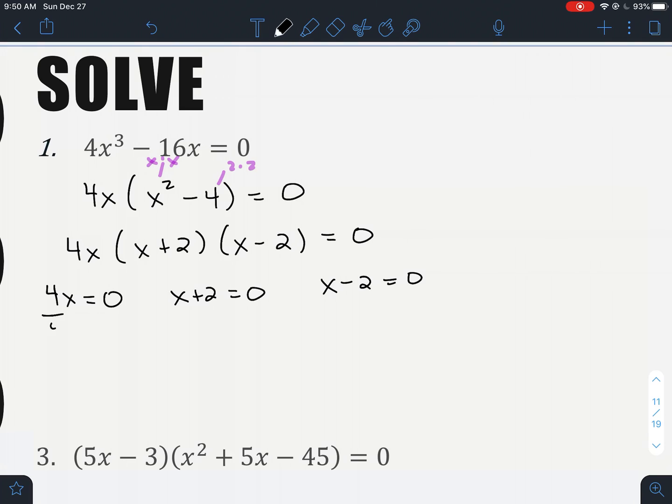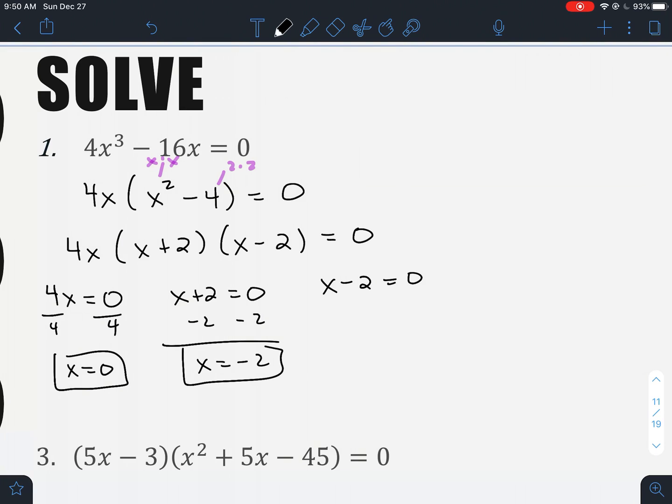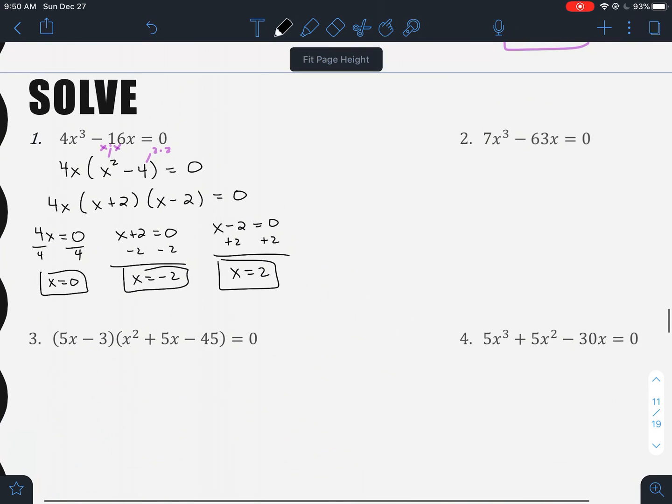So either 4x = 0, x + 2 = 0, or x - 2 = 0. Now solve each of these. Divide by 4, and x = 0, subtract 2, x = -2, or add the 2, x = positive 2. So we would have three possible solutions on that example.